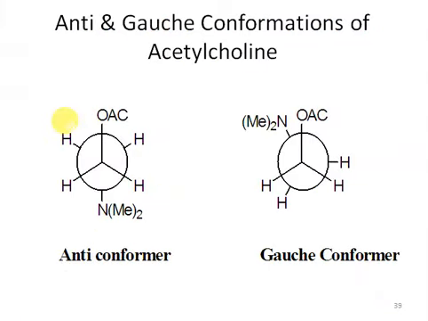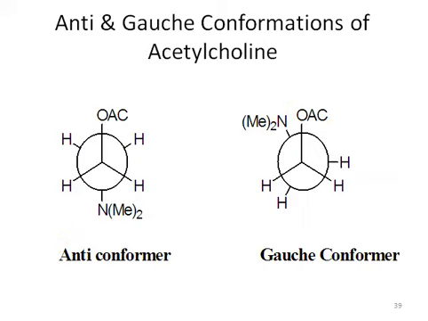Here we have the anti-conformation. You can say that this is the acetyl group and this is the amine group, and both of these are 180 degrees apart. This conformation binds with the muscarinic receptor, while here we have these two at 240 degrees. Because the angle is 240 degrees, these two isomers are in the gauche conformation, and here they are able to bind with the nicotinic receptor.